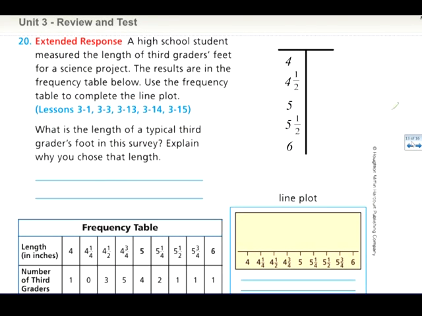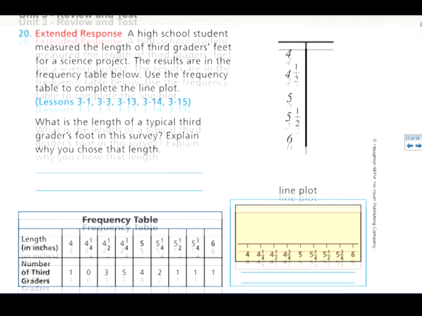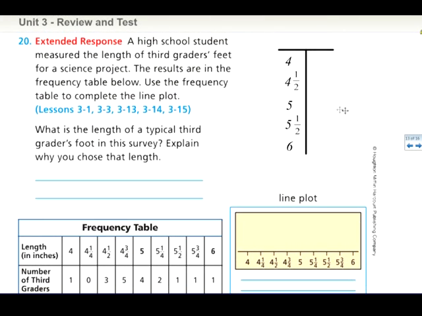Question 20. Now, this one I wanted to go over because a lot of people were having trouble with this in the lesson yesterday. So, a frequency table is this. But when you went to do your survey, you did, that's right, a tally chart. So the tally chart was where you went and you collected data.